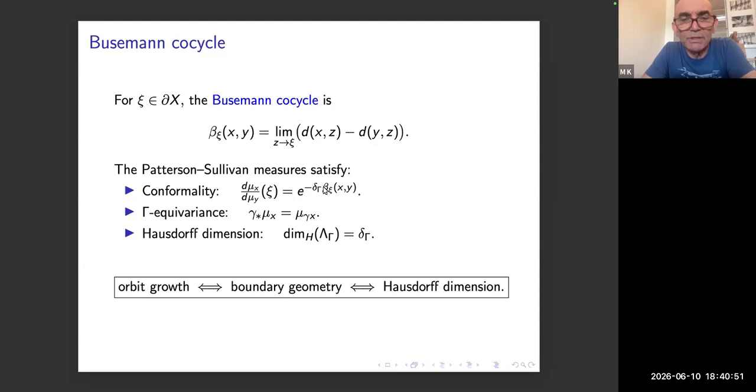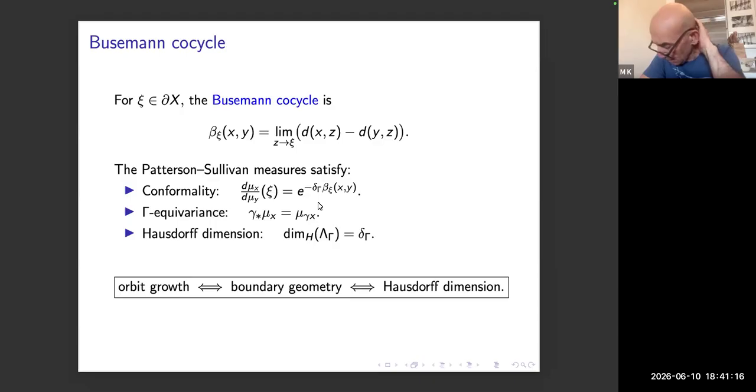It is more or less the log of the Radon-Nikodym derivative. They have a gamma equivariance property, and they detect Hausdorff dimension. So orbit growth, boundary geometry, and Hausdorff dimension all come into one package in this approach.